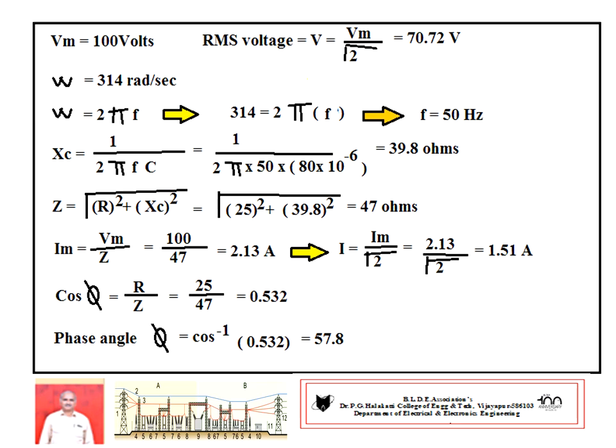Hence, Vm is available, Z is available, then Im equal to Vm by Z, 2.13 ampere. Similarly, convert into RMS value. IRMS equal to Im by root 2, 1.51 ampere. Then R value is available, Z value is available, power factor 0.53. If you want phase angle, equal to cos inverse of this, 57.8.